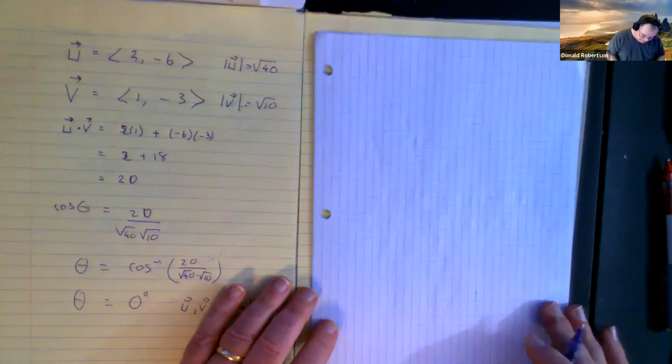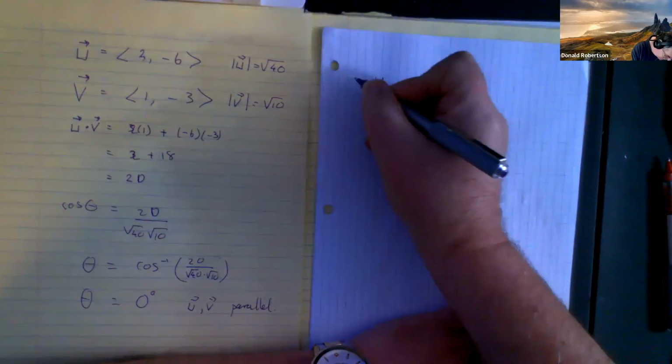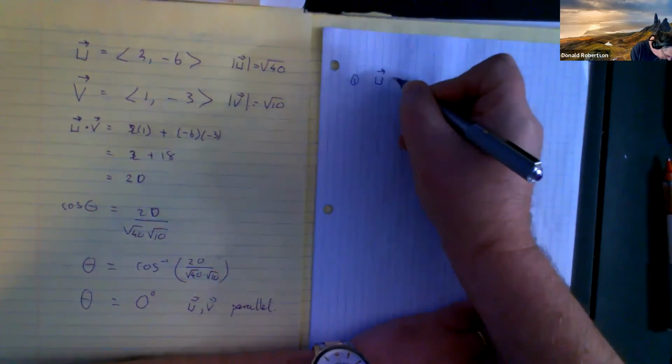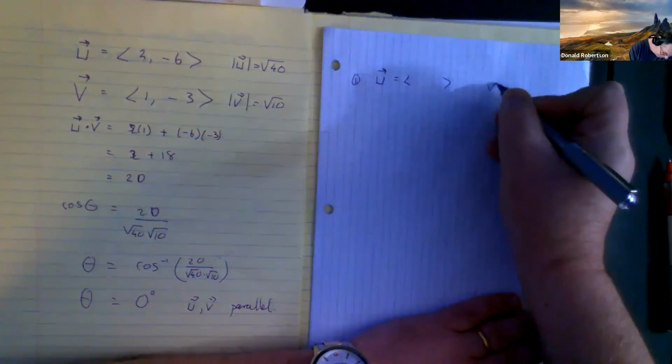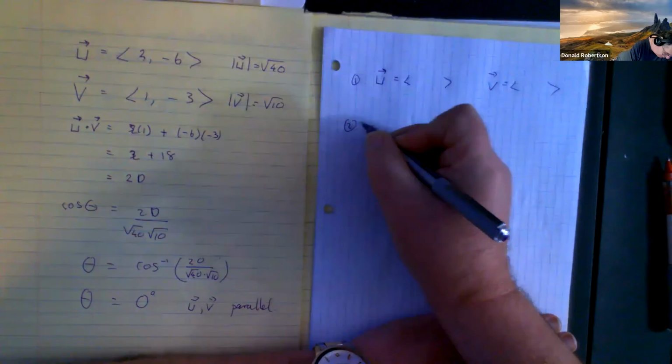So I'm going to give you one to try. Well, actually, I'm going to give you two to try. One of them is going to be parallel and the other one isn't, and we'll see if we can find them. So in no particular order, here are the two vectors. And this is the second one.